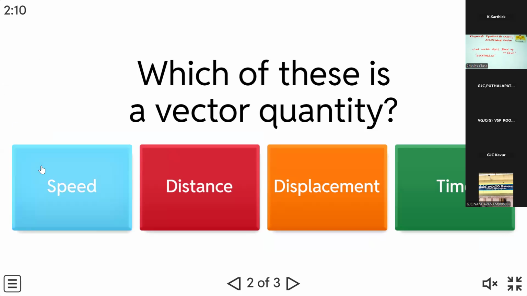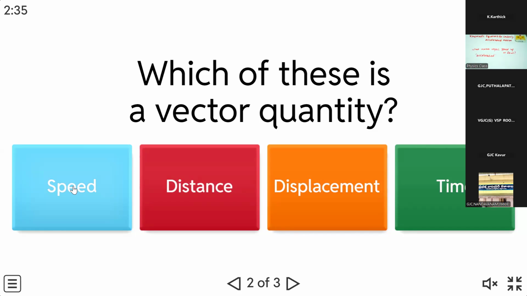Is speed a vector quantity or not? Is distance a vector quantity or not? Displacement and time. So what do you think about these four options? Which one is a vector quantity? Speed, does it have direction?